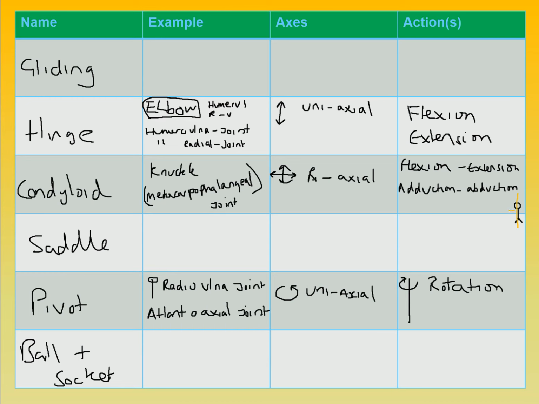Anything that moves away from that line, I'm doing it in purple, is called abduction, because you're abducting it away. And anything moving towards the midline of the body is adduction, because you're sort of adding it to the body, let's say.